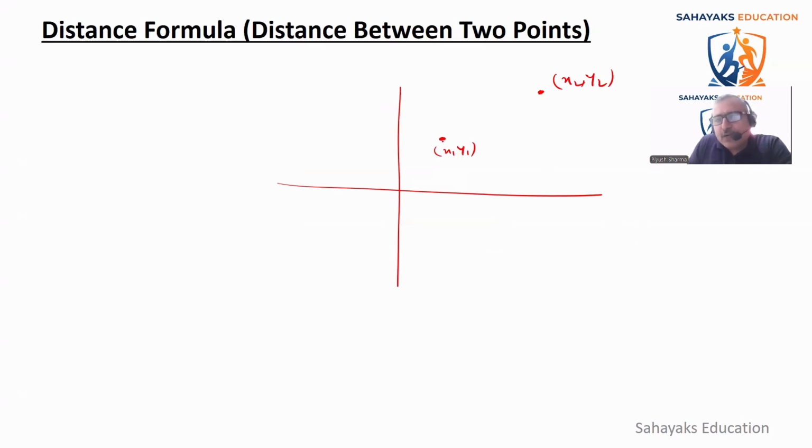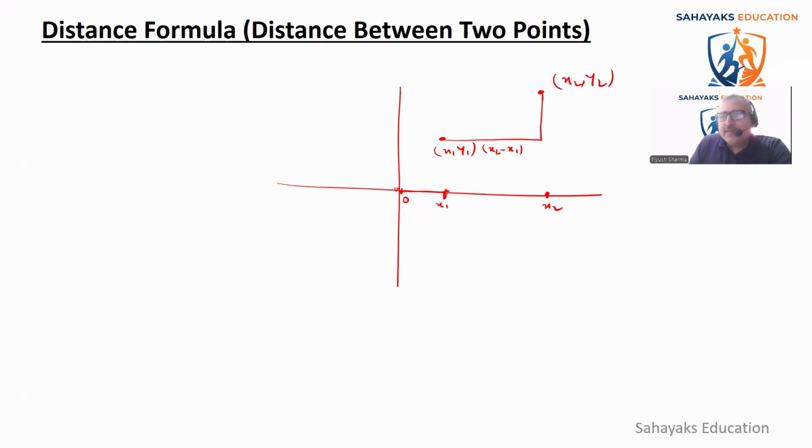X1 is the distance from 0 to this point, and from 0 to this point will be x2. If I have to find the distance between these 2 points, I'm going to find it using the Pythagoras theorem. So this value comes out to be x2 minus x1.